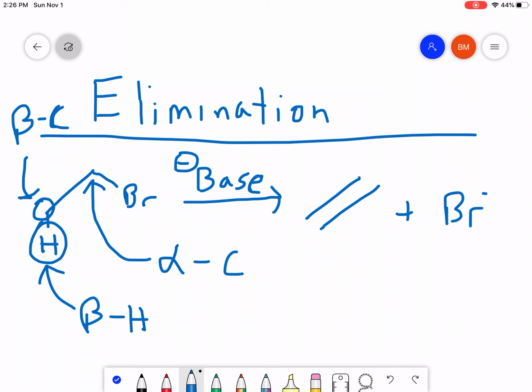And you get Br minus as a waste product, and you get a protonated base. So in an elimination reaction of alkyl halides, you always lose a halide, and you also always lose a beta hydrogen.